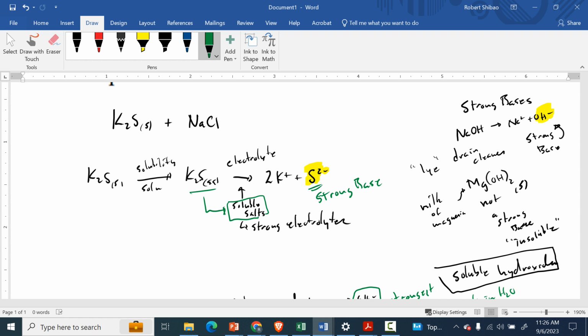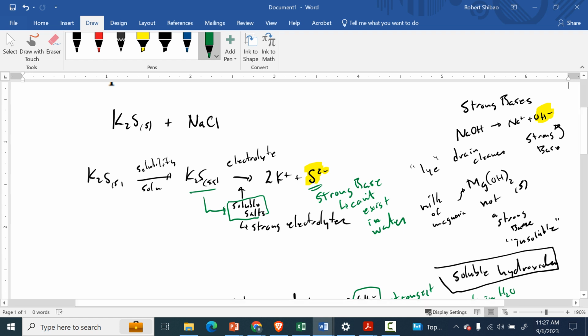It's already an ion. So what do strong bases do? Strong bases don't ionize. Strong bases hydrolyze. So this can't exist in water, unless it's hydroxide. It's the only base that can exist in water.